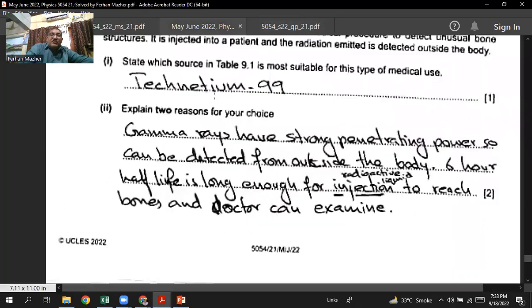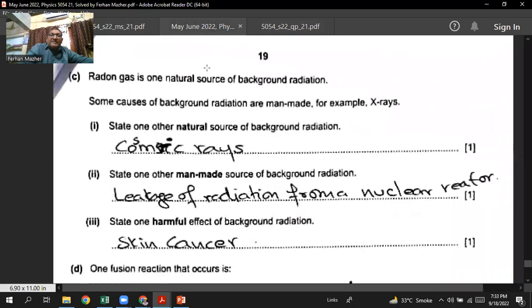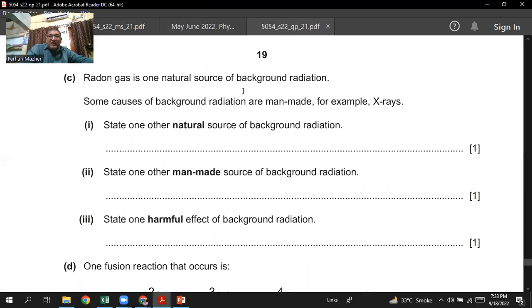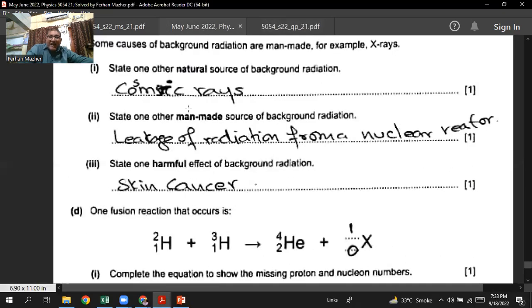I have written cosmic rays as the answer, and you can also write that. State one other man-made source of background radiation. Man-made sources can be many. Nuclear bomb testing can be a source, and leakage from a nuclear reactor can be a source.